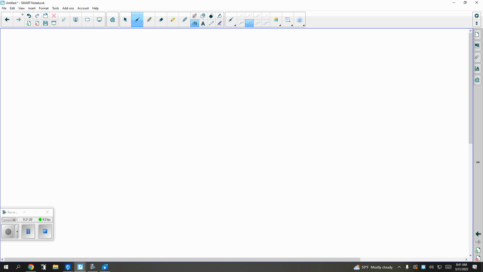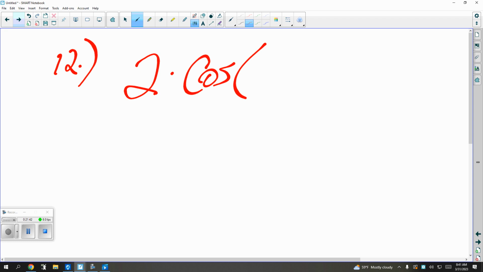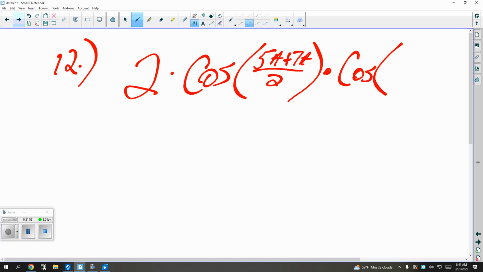And then I looked at my sheet and I saw that this was a cosine plus a cosine. And a cosine plus a cosine is property number 25. Property 25 says 2 and a cosine, add the angles together and divide by 2, and then multiply by the cosine, subtract those angles, and divide by 2.